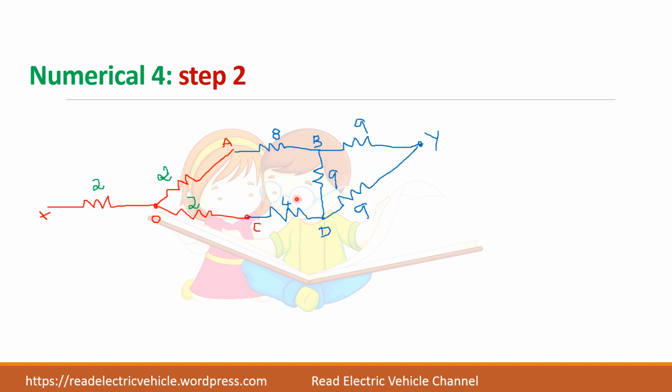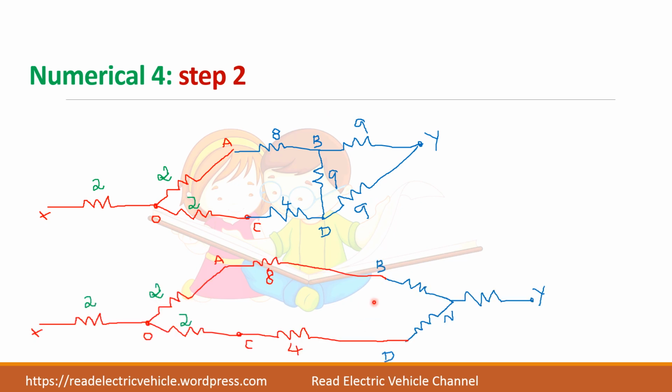Remaining things you keep as such. So first I have reduced only this part. Again let us reduce this delta to star. If you do so, you will get one more neutral point, and the values will be 9/3, so you will get 3. Now you see here these three resistances, that is this 2 ohm, 8 and 3 ohms, are all in series.